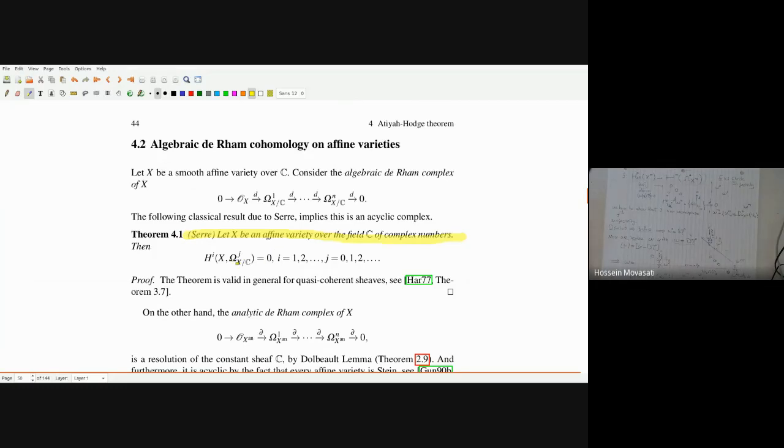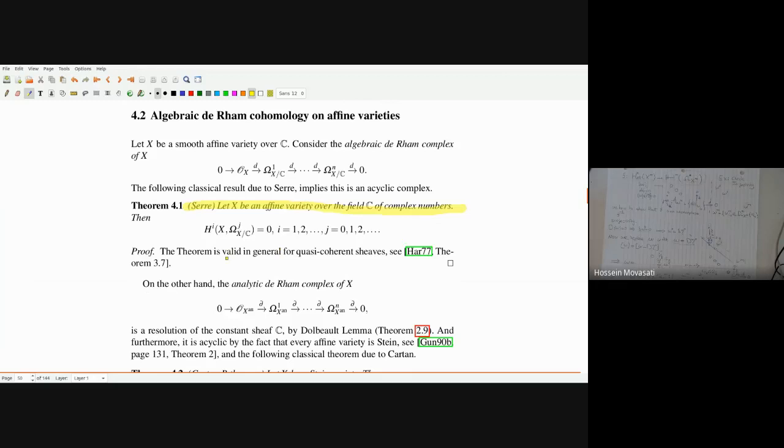So on affine varieties, the sheaf of differential forms has no Čech cohomology. So if we take an affine covering of our space, then we can use it for computing the Čech cohomology. This we already used. As you see, it is already at the end of the last chapters of the Hartshorne book.